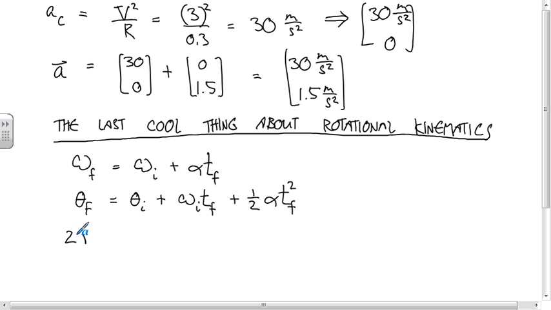And 2 alpha times the quantity theta F minus theta initial is equal to omega F squared minus omega initial squared.